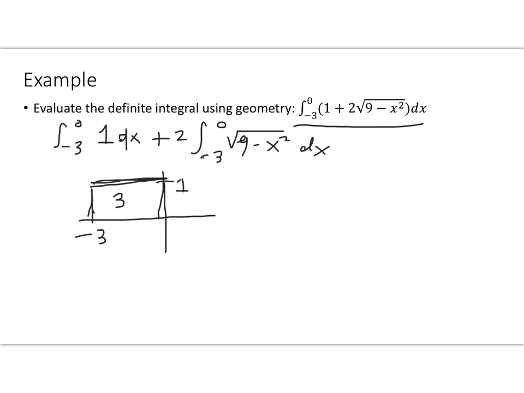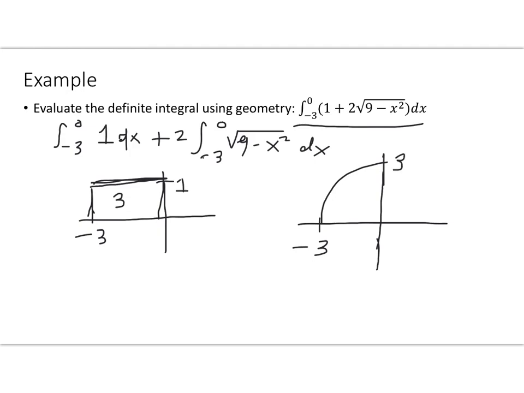Now for the second integral, we have this picture. So there's minus 3. Now root 9 minus x squared, that is a semicircle, so it looks like this.